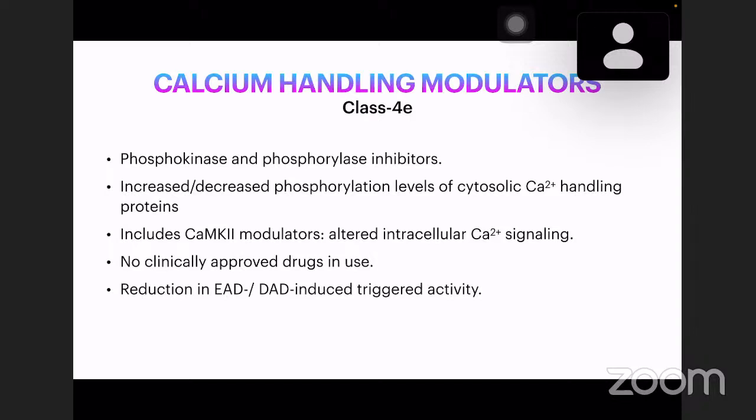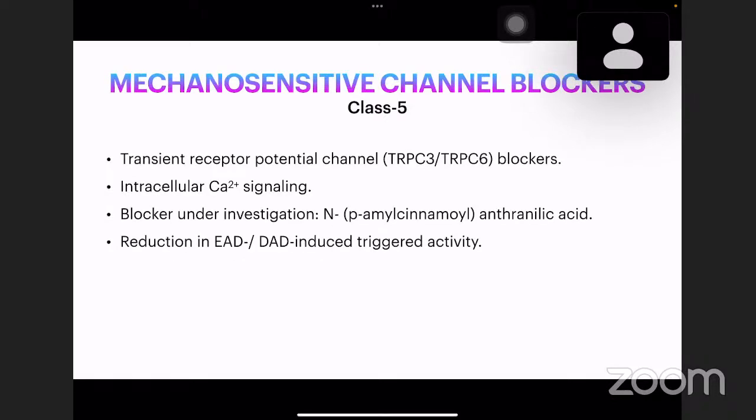These include CaMKII modulators, and they alter the intracytosolic and intracellular signaling. There are no clinically approved drugs in this class also. Like all calcium channel blockers, they decrease the early afterdepolarization and delayed afterdepolarization induced trigger activity.